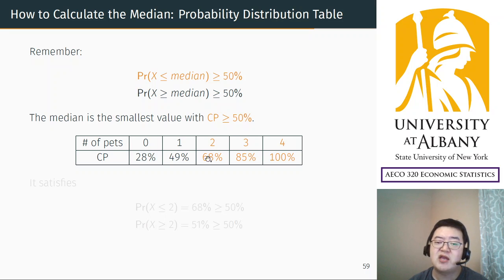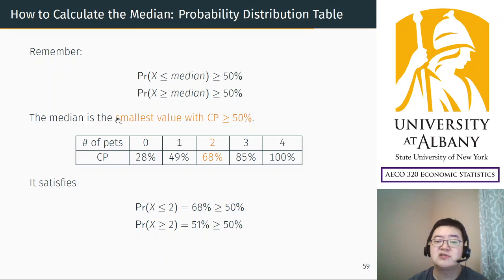So there are three candidates. The first two do not satisfy the first condition. Among these three candidates, you have to choose the smallest value. Then automatically the second condition is satisfied. So choose the smallest value among the values that have cumulative probability at least 50%.